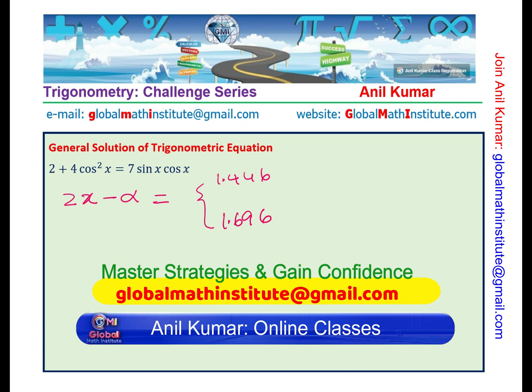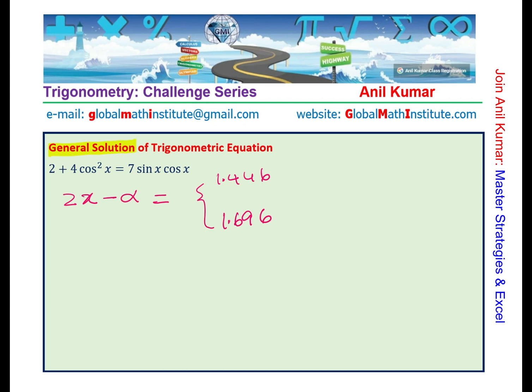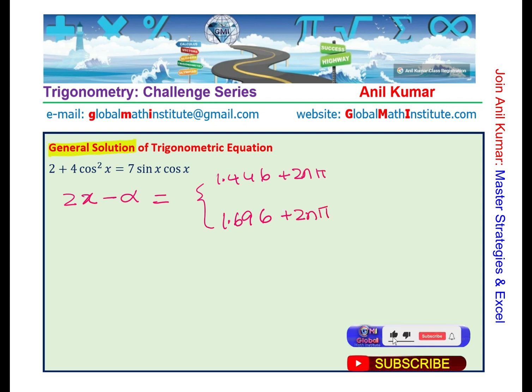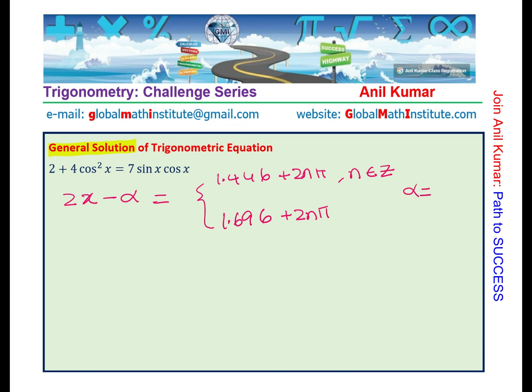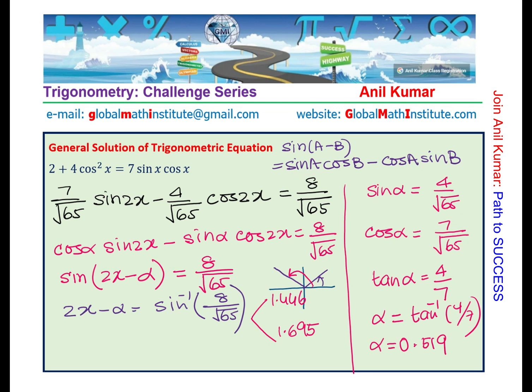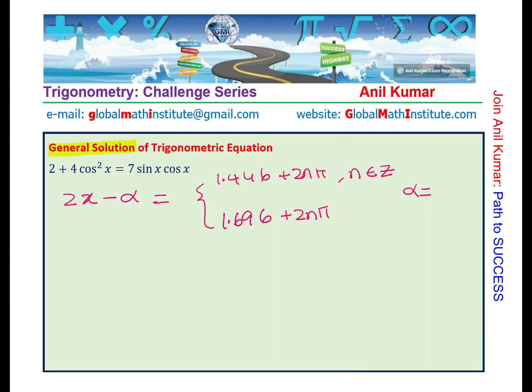Now, since we need to find the general solution, we can add 2n pi to this, where n belongs to integers, right? And we found the value of alpha as equal to what? Alpha was 0.519. Correct. So we have our equation.